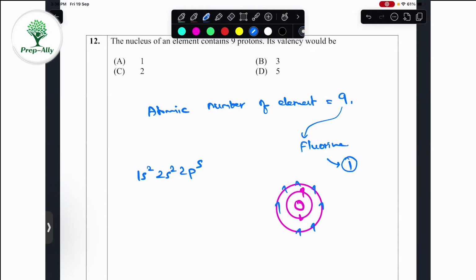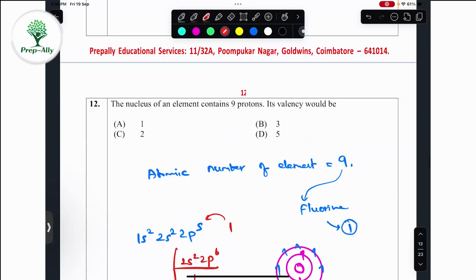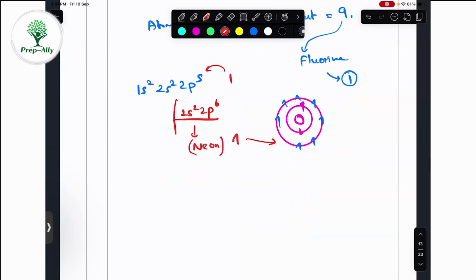So now 1 electron is required to gain, to attain the stable electronic configuration of neon, right? So it needs 1 electron so that it will become 2s2, 2p6 in the valence shell. It will attain the neon configuration, a noble gas. So the answer is going to be 1. The valency of the element given is 1. Direct answer.